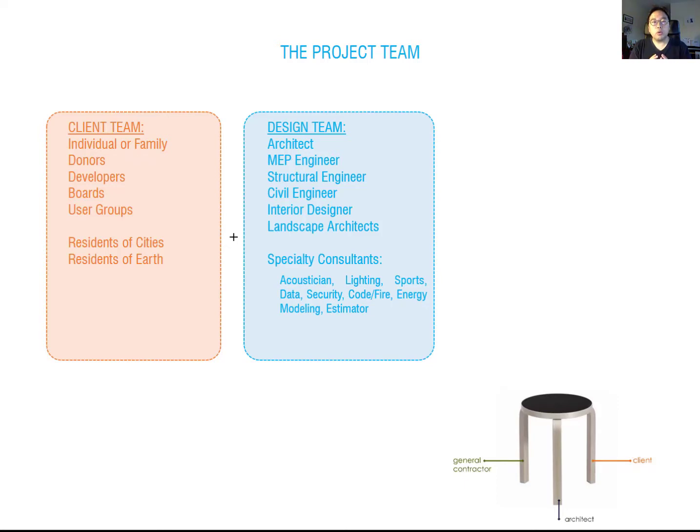This is what we call the design team, but you have to remember the architect has to control every project and schedule mainly with these engineers and the interior and landscape designers. Architect's main role is to control the engineers and these designers.